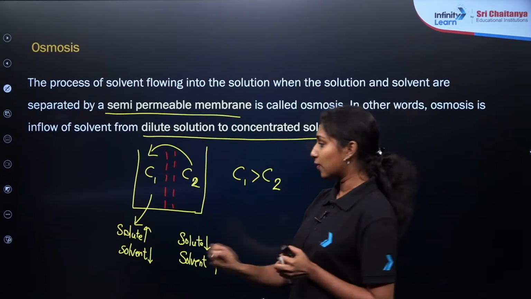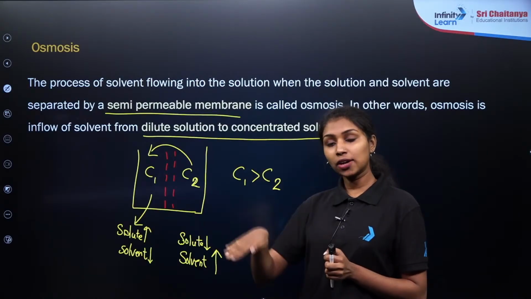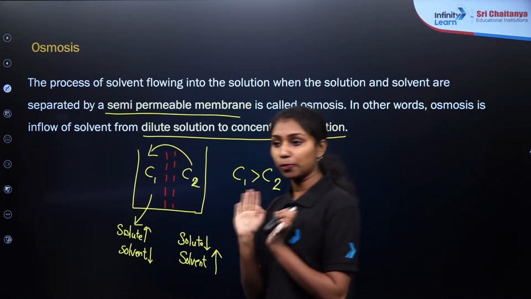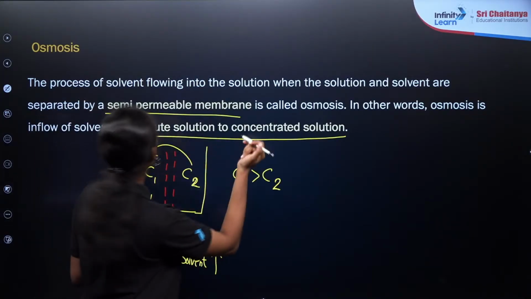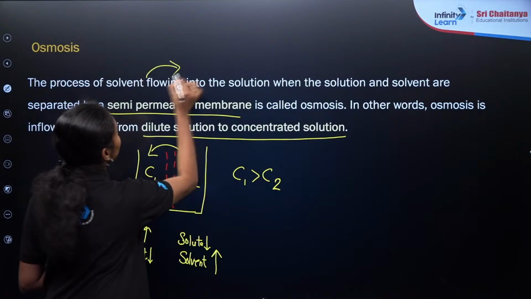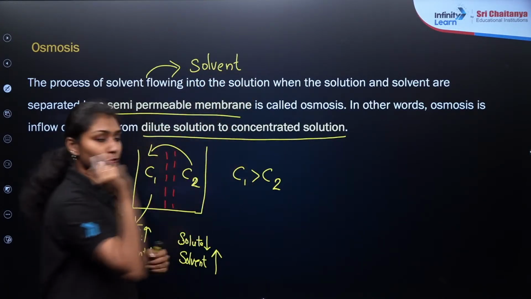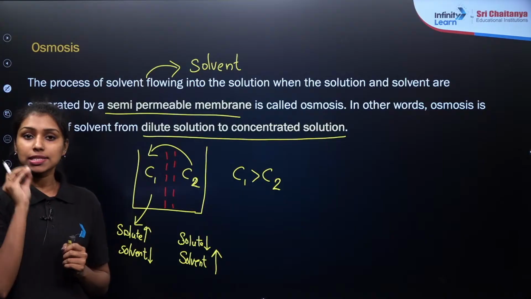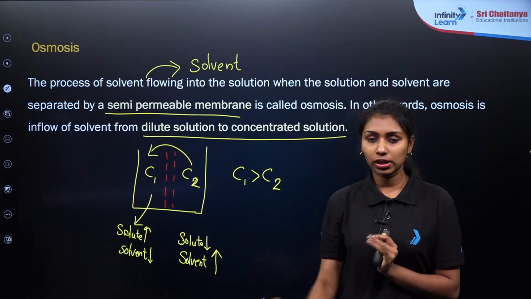Diffusion is a process in which there is a simple membrane which allows the movement of particles from high concentration to lower concentration. That is a type of diffusion. But in the case of osmosis, it allows the flow of solvent particles, right? In general, it is a diffusion in which solvent particles flow from higher concentration to lower concentration, right?